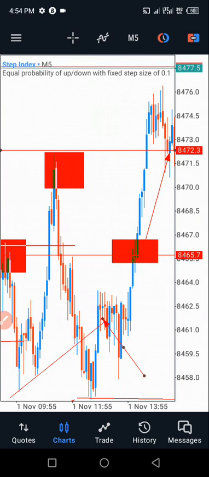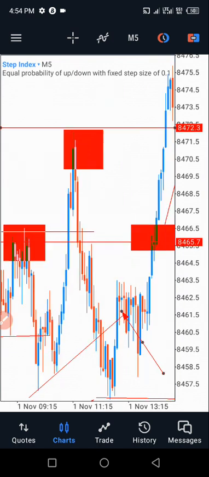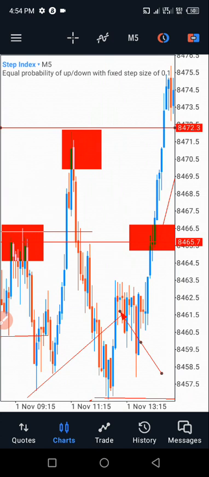Now immediately I saw this shoulder form here and this head, I felt that price definitely will give me the right shoulder here.